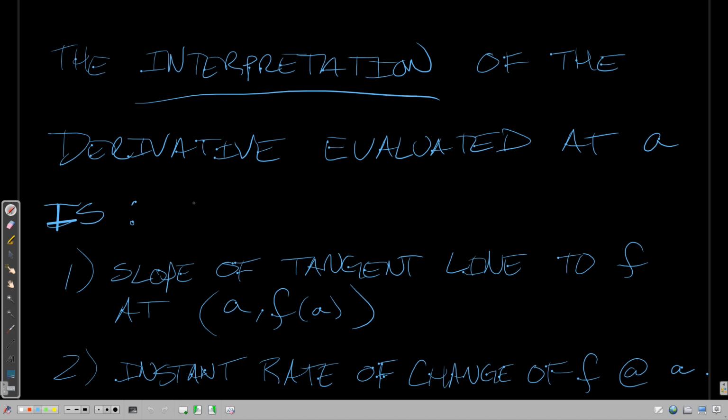The interpretation of the derivative evaluated at a point is either the slope of the tangent line at that point or the instantaneous rate of change of the function at that point. Both of them are valid interpretations.